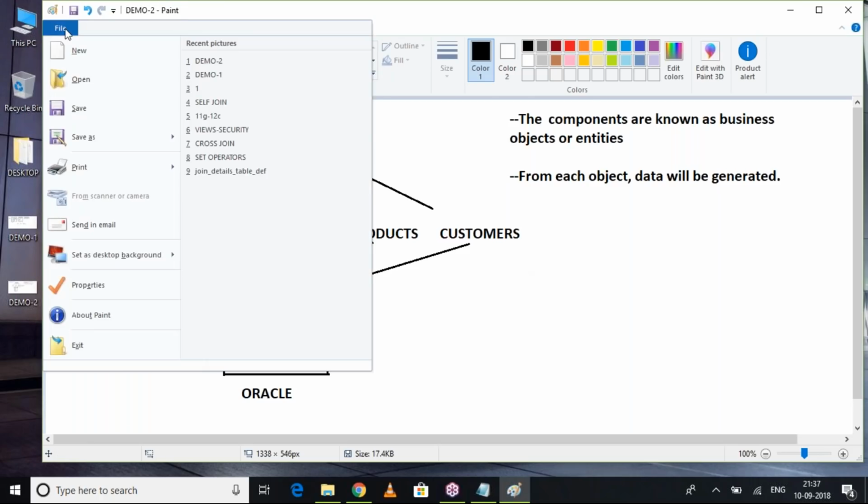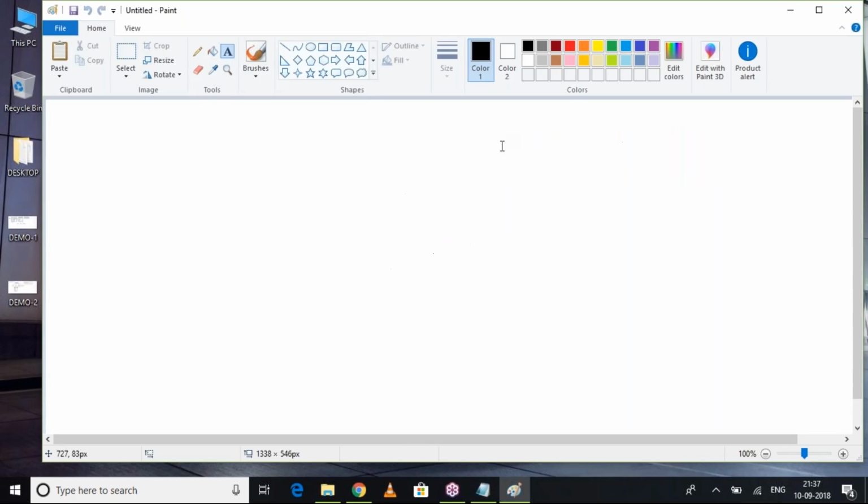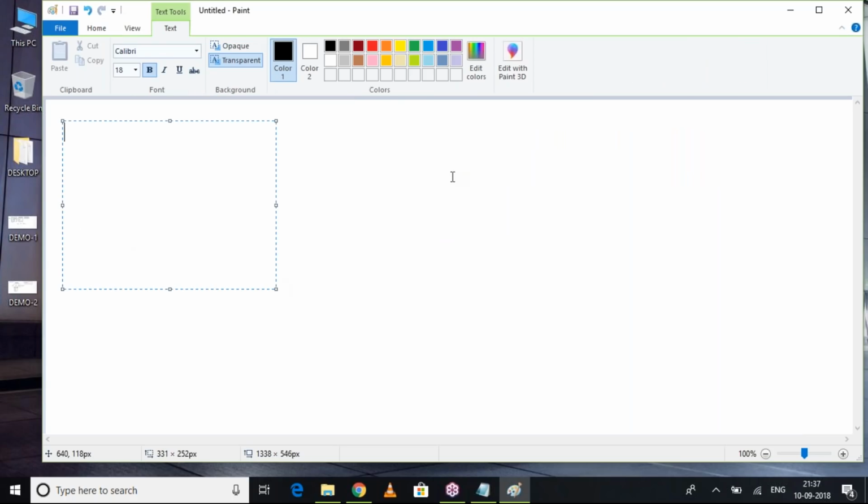Let me open a new blank paint. See, employee. Here I want to maintain employee data. Generally, in any RDBMS, remember, what is RDBMS? Relational Database Management System. In any RDBMS, data is saved in the form of tables.